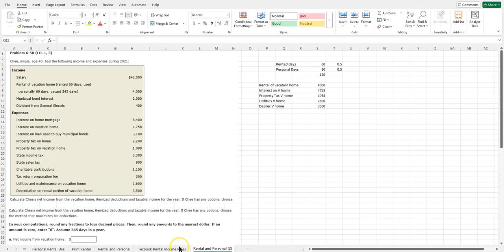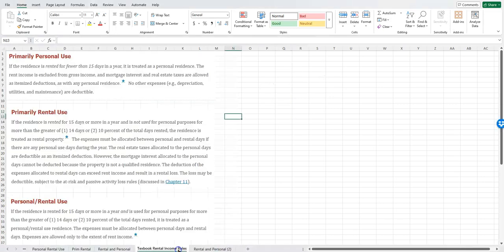Next, I'm going to take a look at the rules. I've copied the rules from our textbook onto this sheet right here. It says that if the residence is rented for fewer than 15 days, that would be primarily personal use. That's not us because we rented it for 60 days. Primarily rental use: if the residence is rented for 15 days or more, we did, and is not used for personal purposes for more than 14 days or 10% of the total days, whichever is greater, then it's primarily rental use.